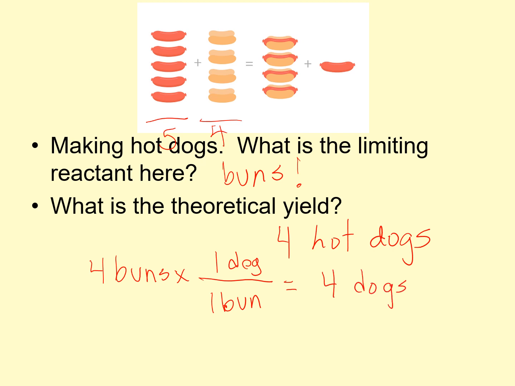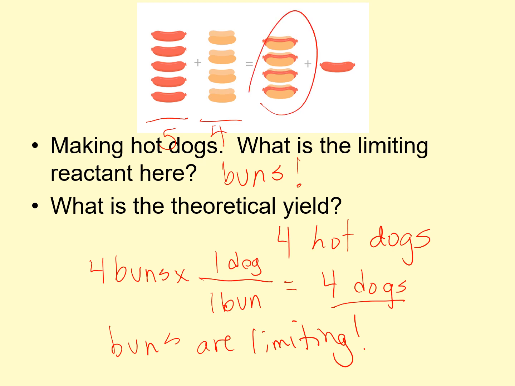If we have 4 buns, we'll only be able to use 4 dogs. How many dogs do we have? We have 5. So buns limit the reaction. Buns are limiting. And what's our theoretical yield? Our theoretical yield is how many we'll get when we use up our limiting reactant. So 4 hot dogs is our theoretical yield.